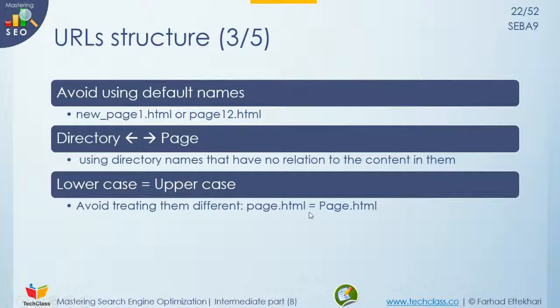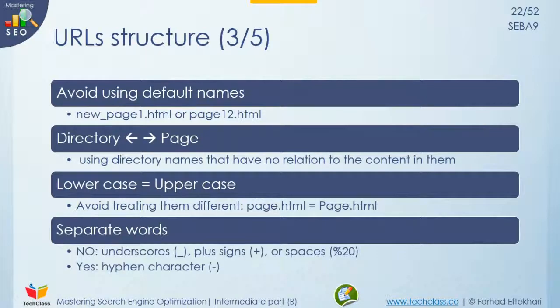So page.html is equal to page with a capital H.html. And when you want to separate words in your page name, make sure to separate them with hyphens, not underscores, not plus signs, and not a space.